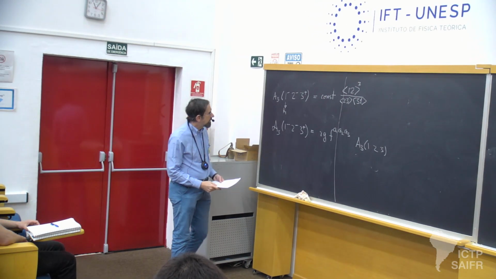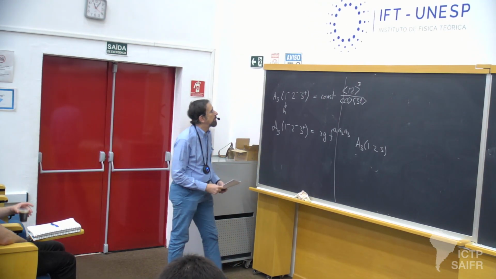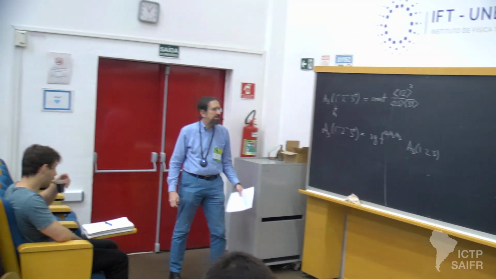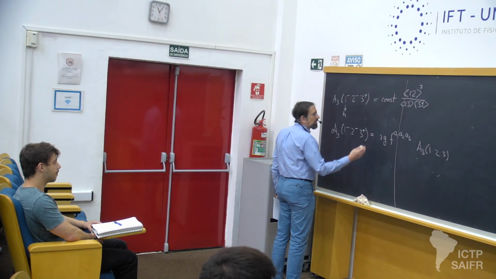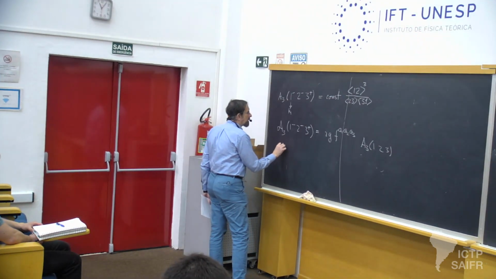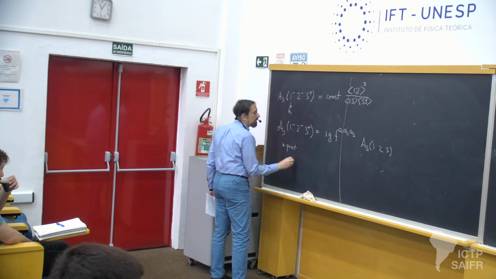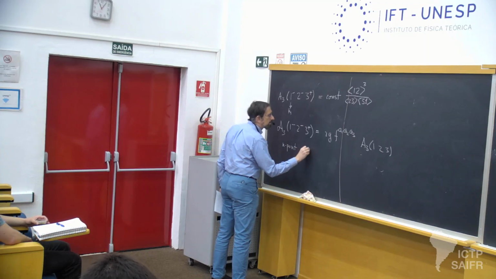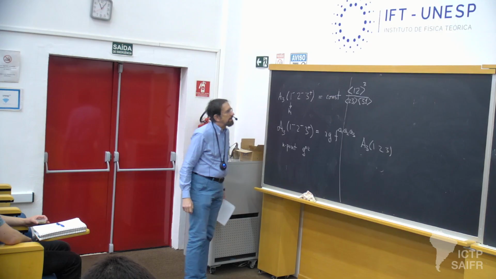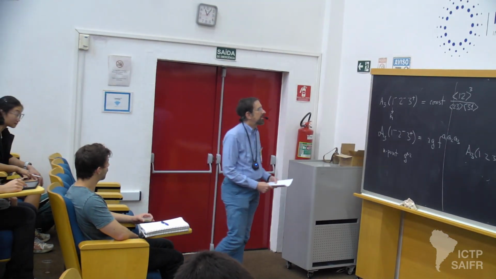So at tree level, we can just determine the number of powers of the coupling from the number of external legs. It just generalizes what we see here. If we have an n-point amplitude, then we'll have a g to the n minus 2. And so I'm just not going to bother writing it. I'm just going to leave it implicit.